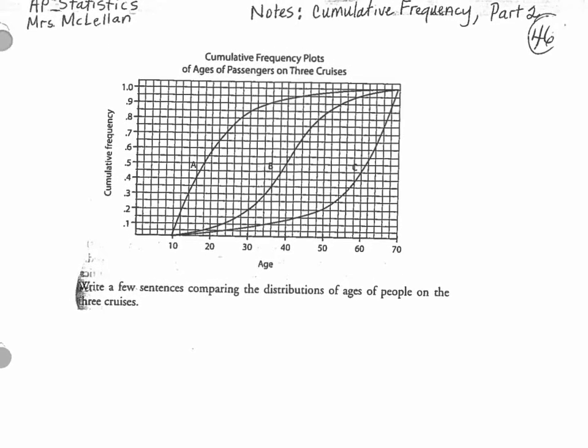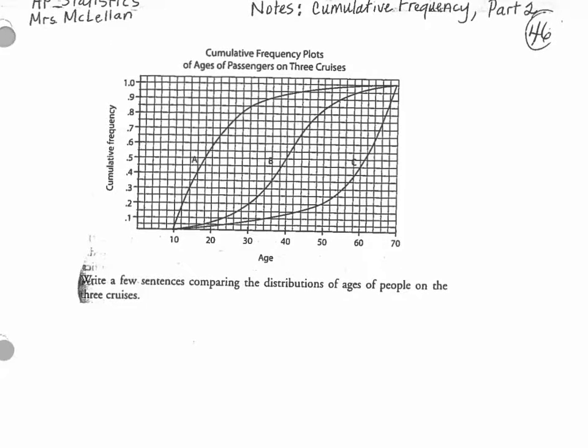So I want you to sketch a box plot on each one of these distributions, A, B, and C. So I'm going to highlight where the Q3 and the median and Q1 are, so I can sketch my box plots.